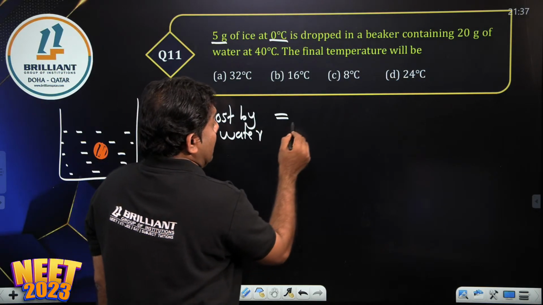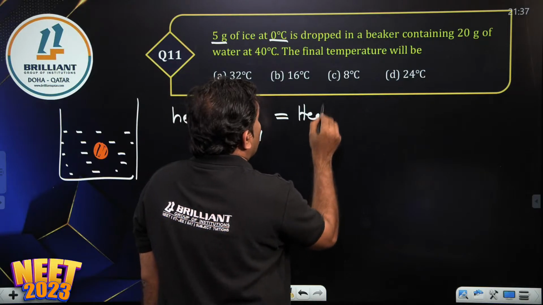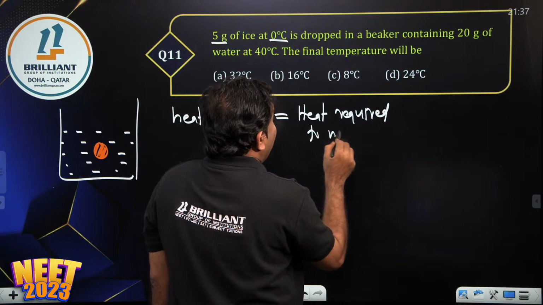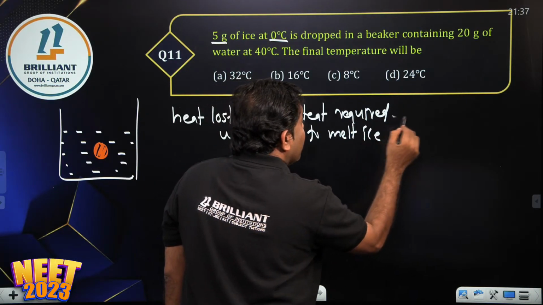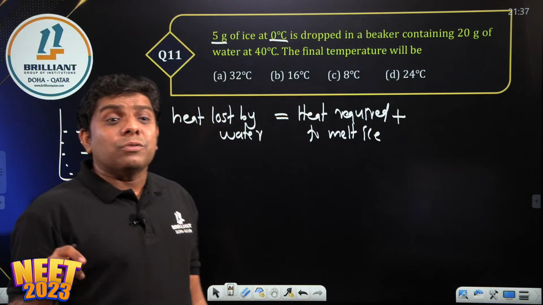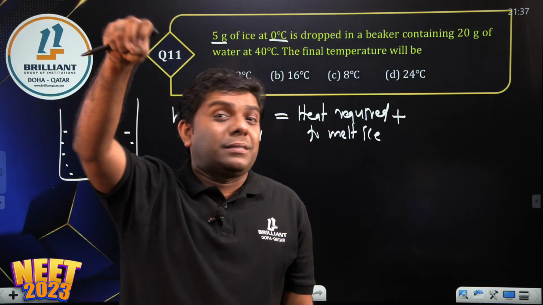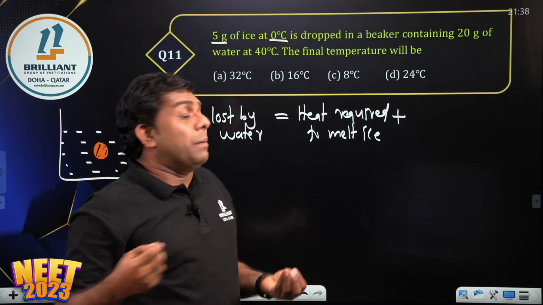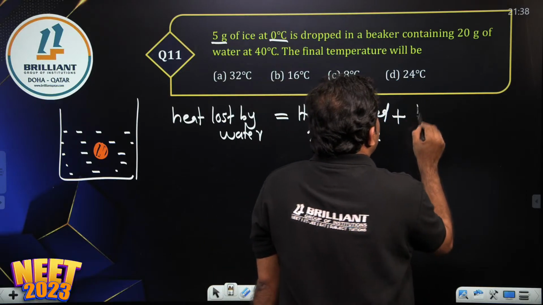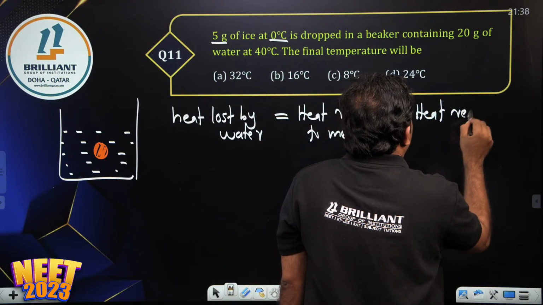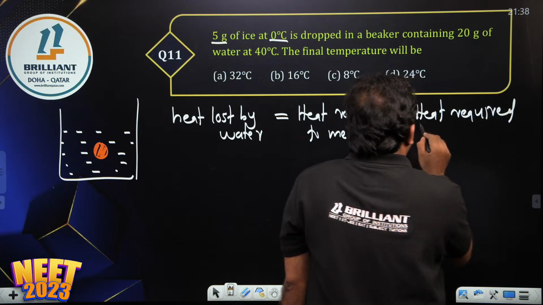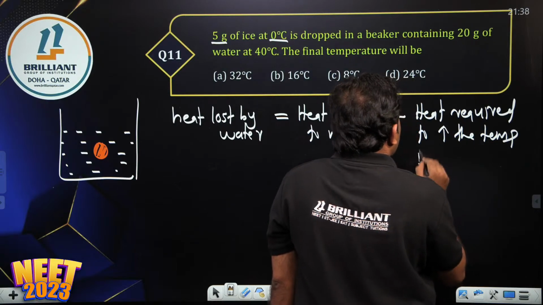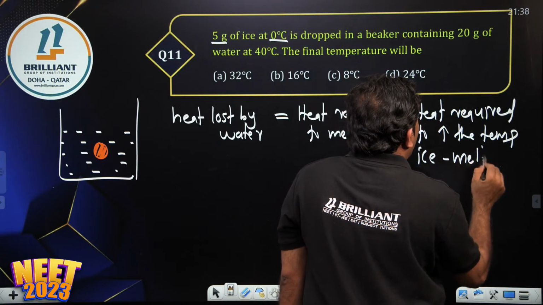That heat is utilized as heat required to melt ice, plus then this ice melt water has a temperature. Suppose we are considering ice melt water temperature is 0 degree. Then its temperature increases. So that is heat required to increase the temperature of ice melt water.